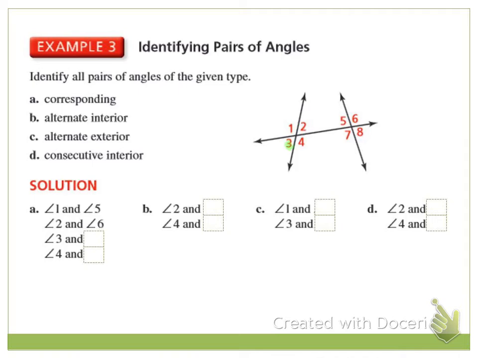Angle 3 is in the bottom left. What else is in the bottom left? Angle 7. Angle 4 is in the bottom right, which corresponds with angle 8.